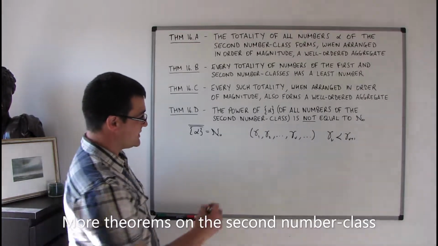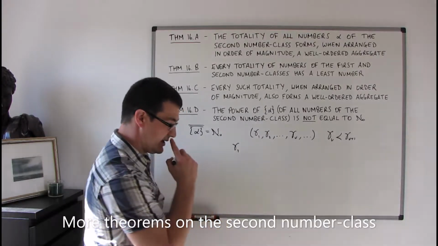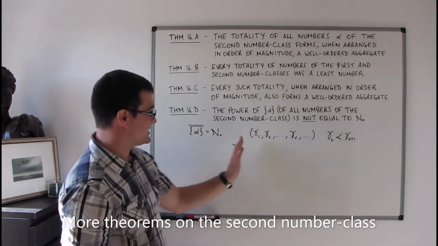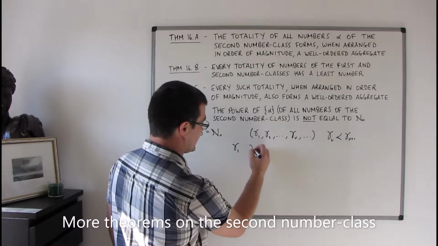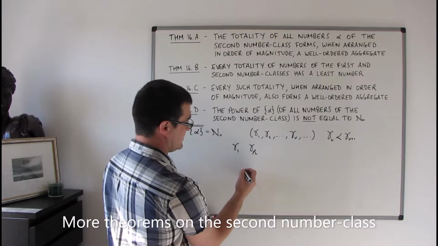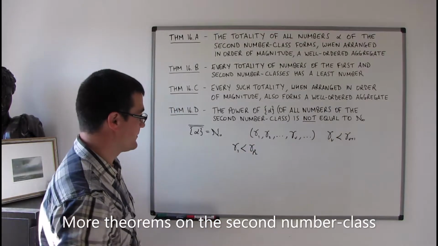So then what we're going to do is start with gamma 1, and go along this series until we get to the least index rho 2, such that gamma rho 2 is greater than gamma 1.